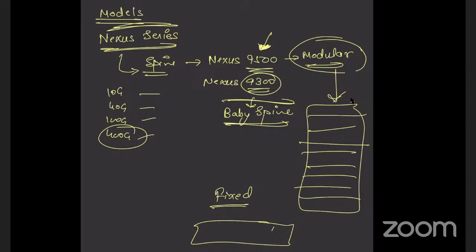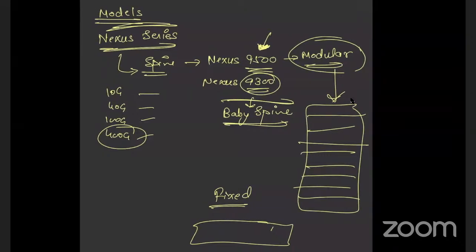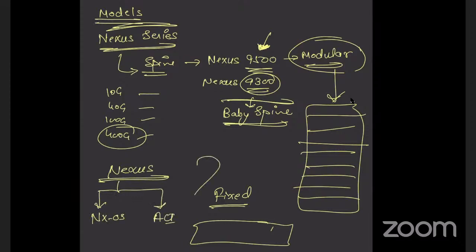When we talk about NEXUS, there are two different modes in which it can run. One is NXOS mode and the other is ACI mode. These devices can run in both modes, but one mode at a time. Either you run them in NXOS mode, which is the normal mode like your NEXUS 7000, 7700, 5000, 5600, and 2000, 3000, 4000, or else in ACI mode.